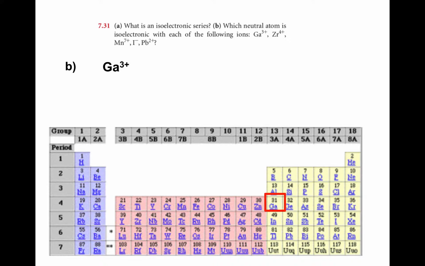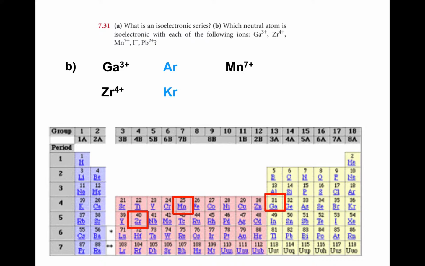You'd lose 1 electron out of the 4p and then 2 electrons out of the 4s, and you'd have an argon configuration. If you've got zirconium 4+, you're losing 2 electrons out of the 4d and 2 electrons out of the 5s, and that would give you a krypton configuration.